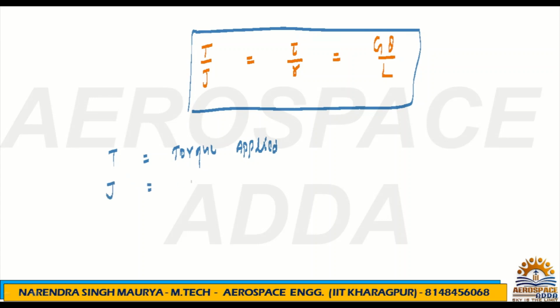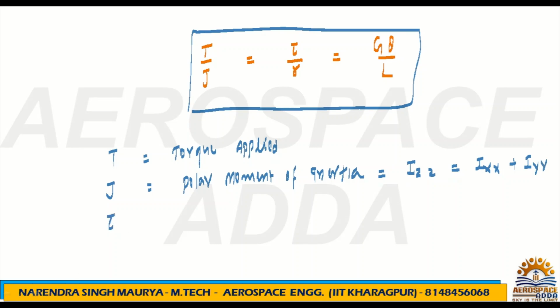J is the polar moment of inertia, which is I ZZ, and that I ZZ is I XX plus I YY. Then tau is the shear stress.